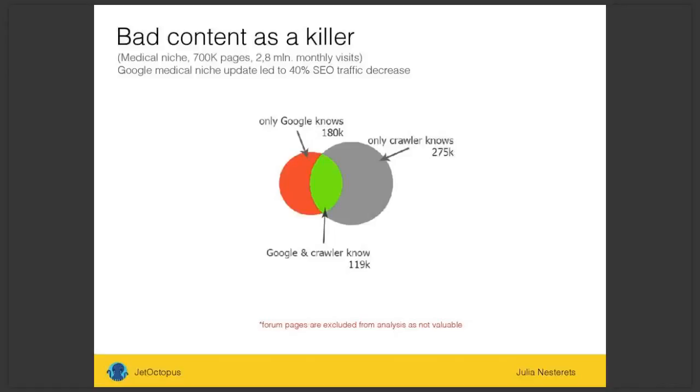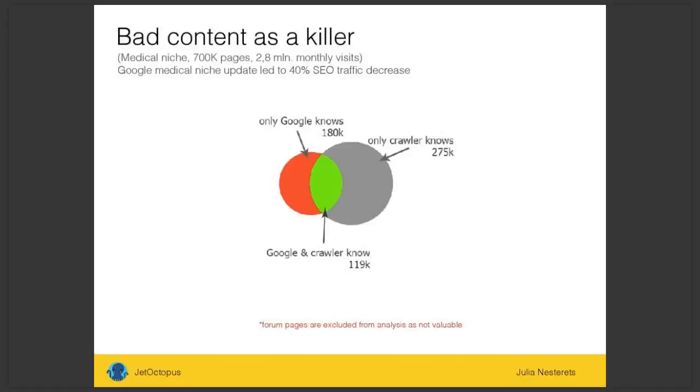So this is the main picture of their log files analysis overlapping with the crawling data. What we see here is that almost 200,000 pages are visited by Google bots, but they are not in the structure of the site. So the crawler didn't find these pages. It means that the crawling budget is spent on something we don't even know about.